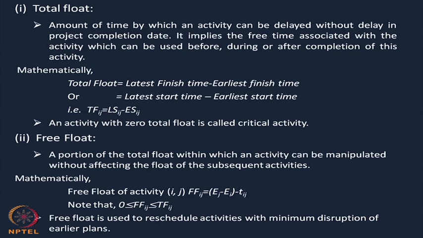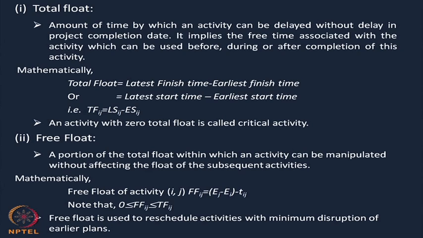Please note: the project completion time I am not compromising, but I am delaying the activity. The starting of the activity can be delayed, but this will not affect the total project completion time. You will see this in the part which we call crash time also.